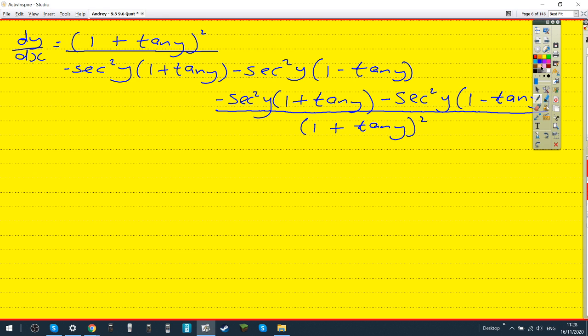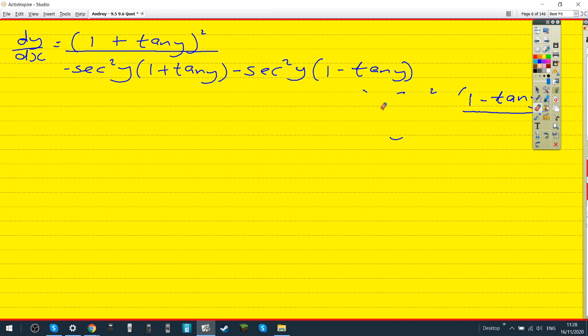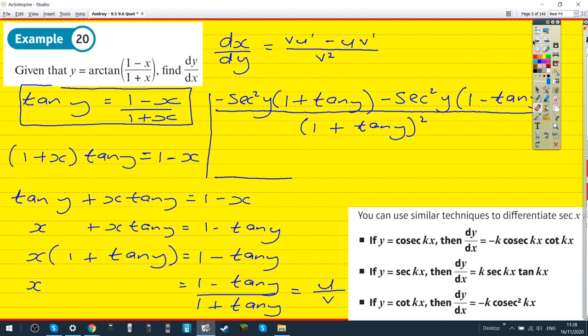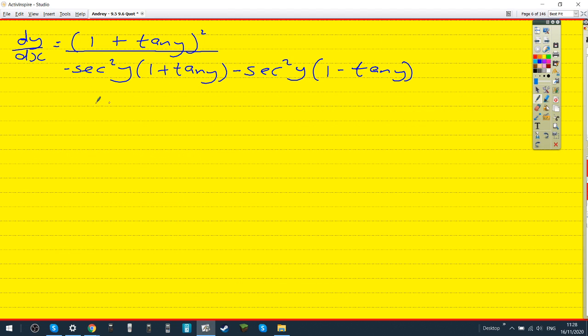And so we're trying to write dy/dx not in terms of y, but in terms of x. So what would we do there? Sub in 1 minus x over 1 plus x for all tan y's. Yeah. Everywhere you have a tan y, replace it with 1 minus x over 1 plus x. However, we have more than just tan y.